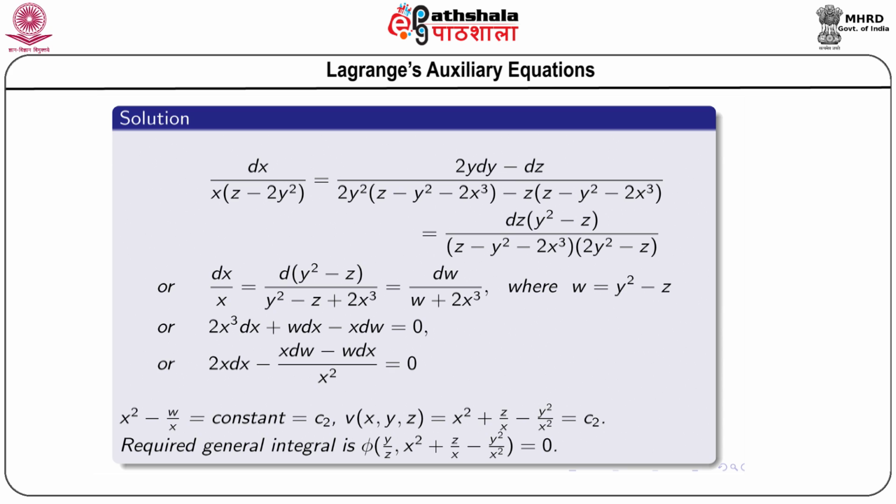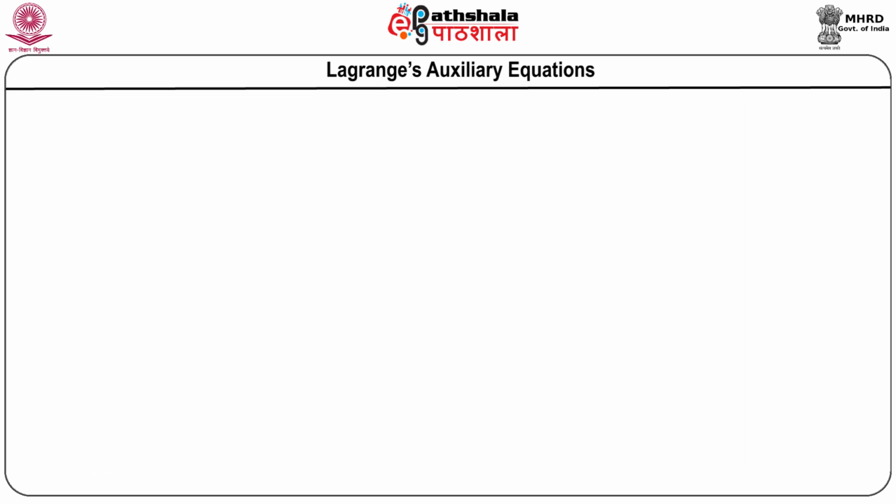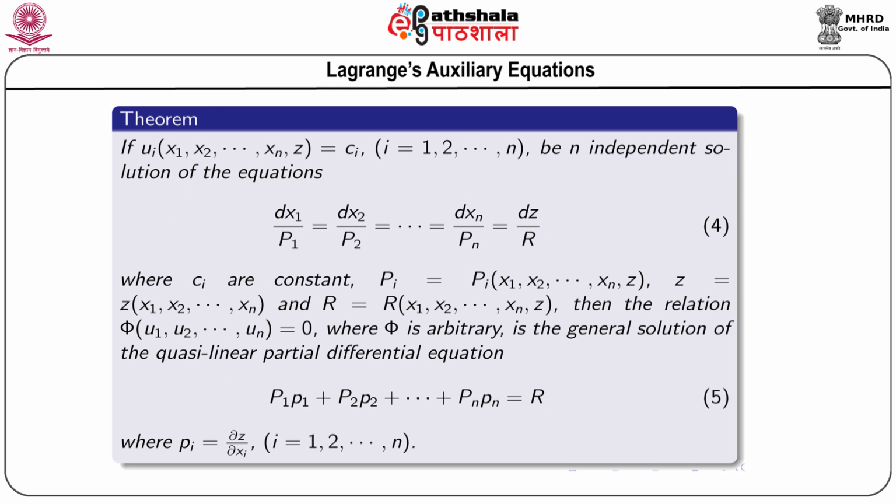So, in this example, we find that the solution of the quasi-linear equation can be obtained from the solution of the corresponding auxiliary equation, and it is easy to find the solution of quasi-linear equation from the solution of auxiliary equation. Now the previous idea can be extended for n number of independent variables, and the corresponding theorem is stated here.